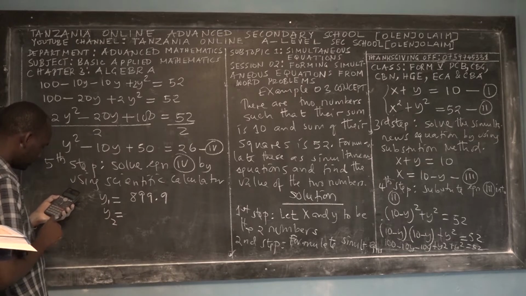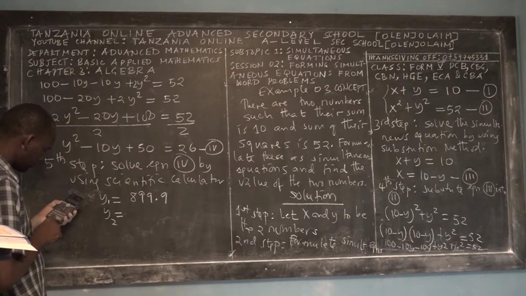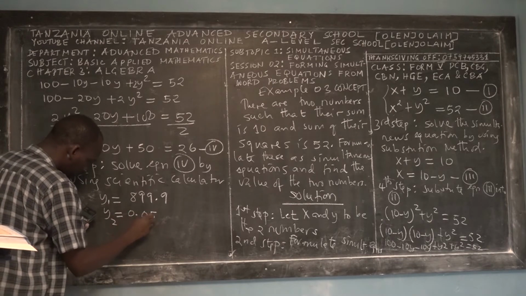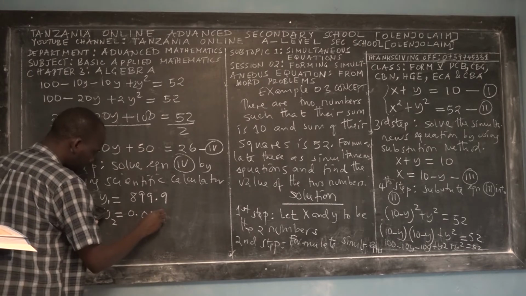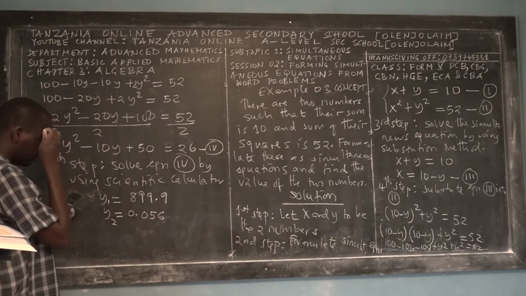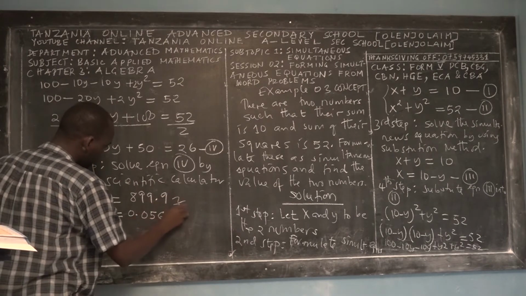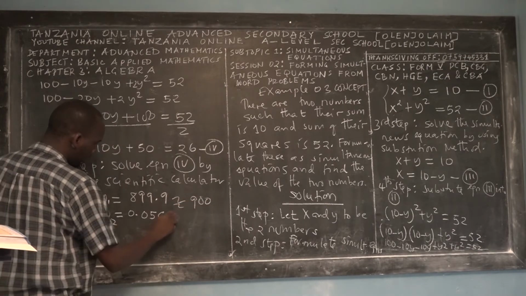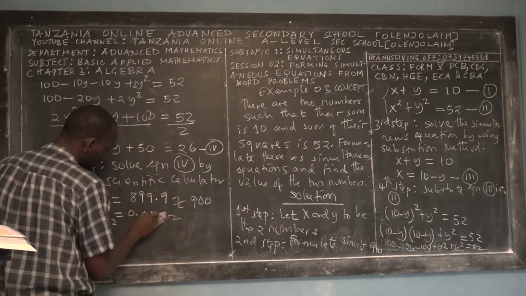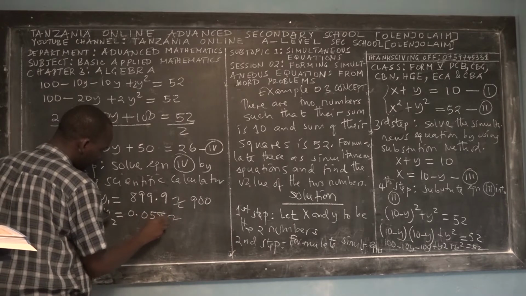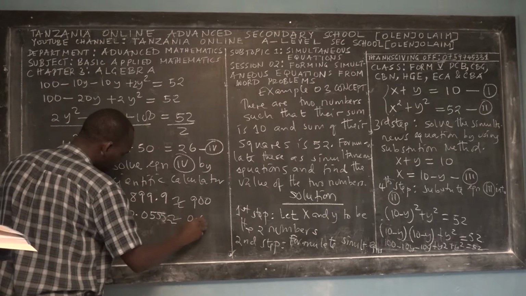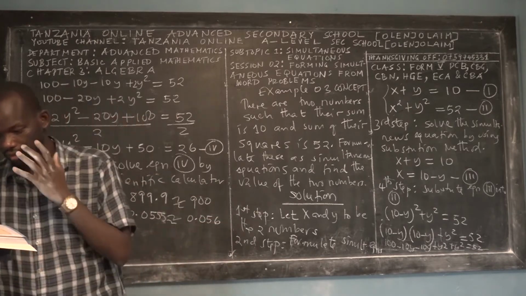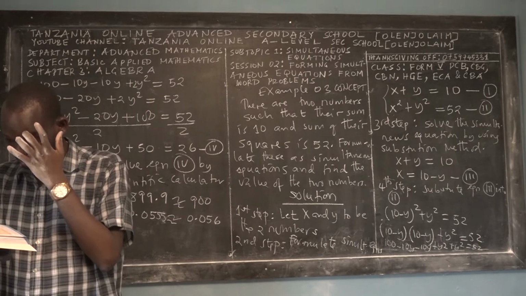The second value of y is 0.055 or 6. When you approximate this one, this will make it 900, and the other approximates to 0.056. So these are the values of y.